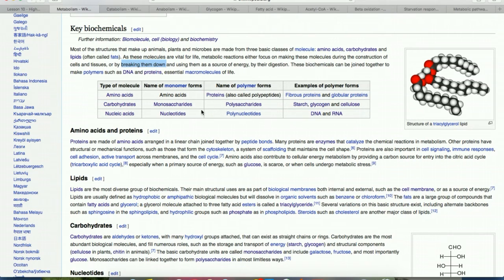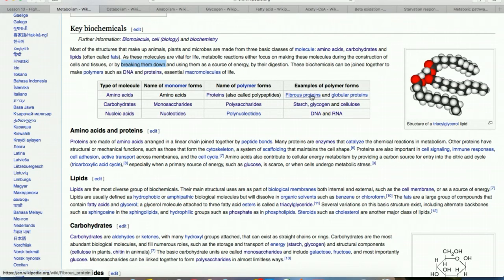polysaccharides, nucleotides form polynucleotides. And then the examples that we have of each: proteins can be fibrous proteins like muscle proteins. Globular proteins are the proteins that form these machines, like ATP synthase. That is one example of a globular protein.